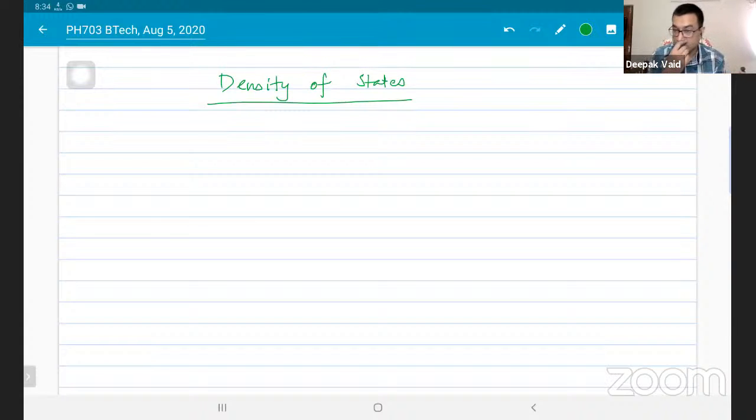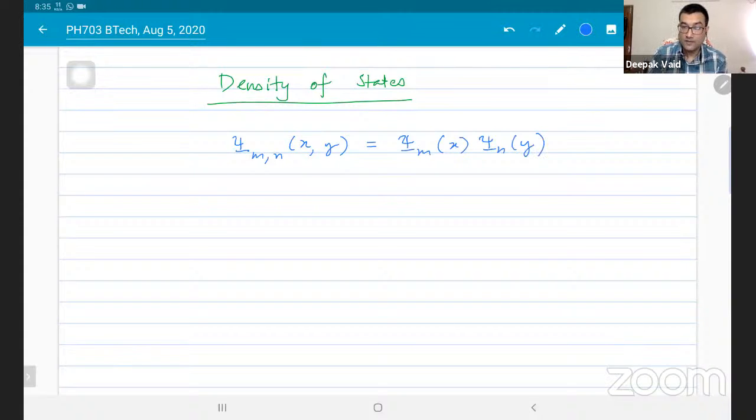So what do you mean by density of states? Let us look at the solution of the 2D potential well. Assuming, for simplicity, I will take both sides to be of equal length.